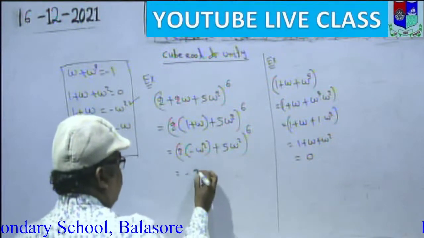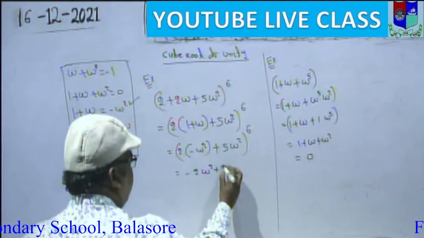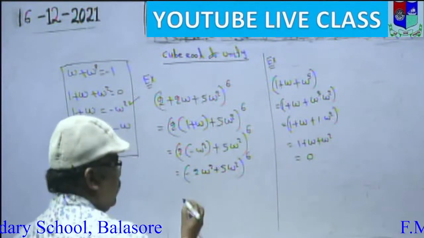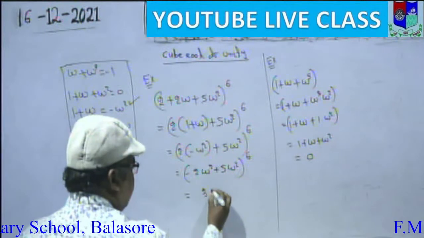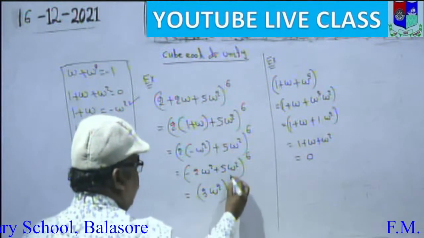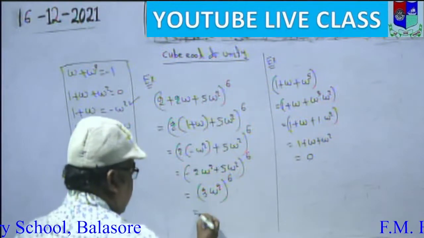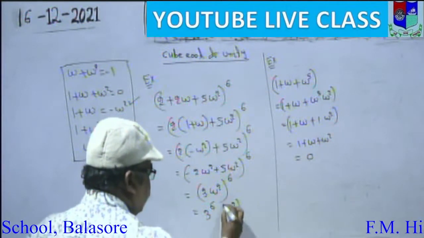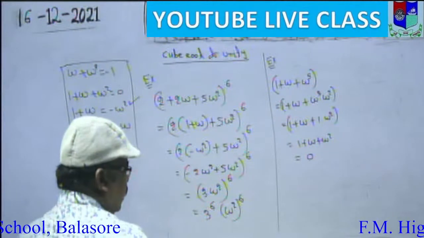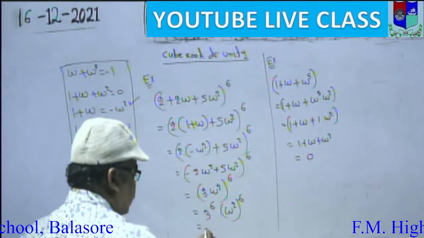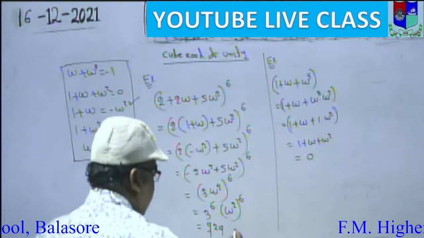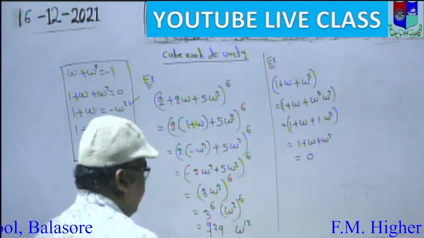So now it is minus 2 omega square plus 5 omega square to the power 6. So it is 3 omega square, all to the power 6. Now it is 3 to the power 6 and omega square to the power 6. 3 to the power 6 means 729, and omega to the power 12.